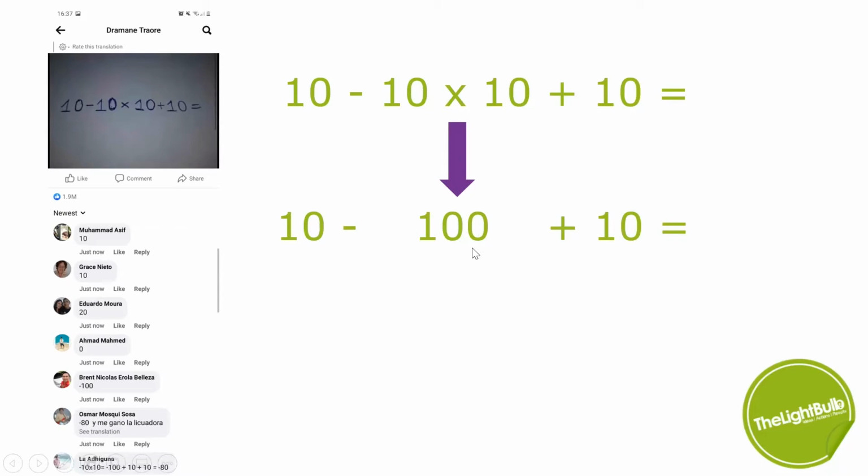We've got 10 minus 100 plus 10. So again, looking at BIDMAS, what comes next? Is it the subtract or the add? And it's the add. So we do 100 plus 10, which gives us 110. We now rewrite that one more time, and our final sum becomes 10 minus 110, which gives us minus 100.